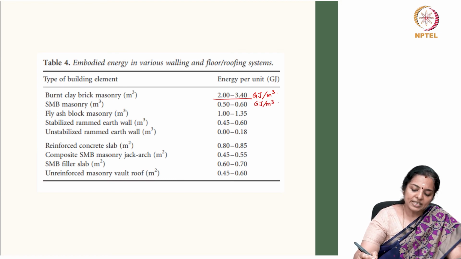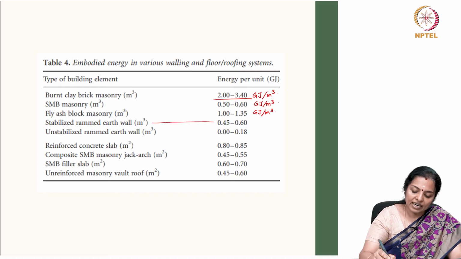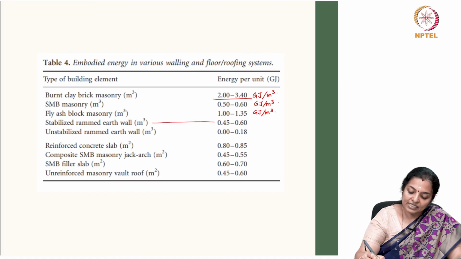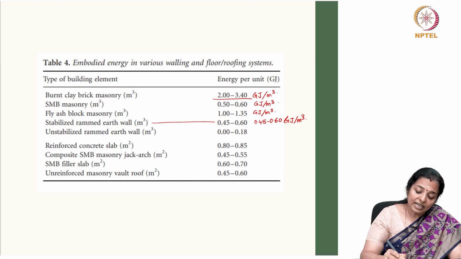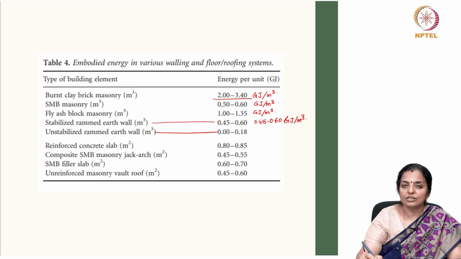Fly ash block masonry, which is composite, has half the embodied energy as that of burnt brick, while stabilized rammed earth wall has 0.45 to 0.60, 25% of embodied energy of burnt brick, whereas unstabilized rammed earth wall could even have 0 gigajoules of embodied energy per meter cube.